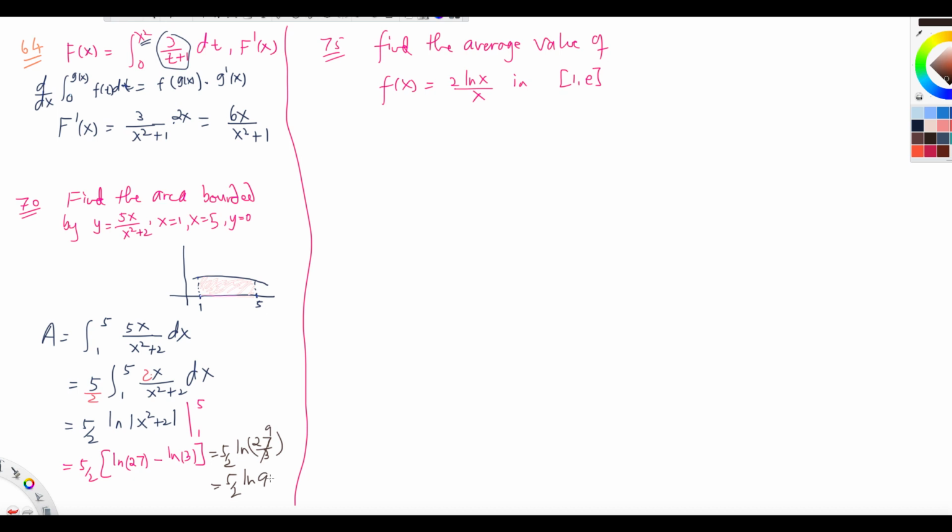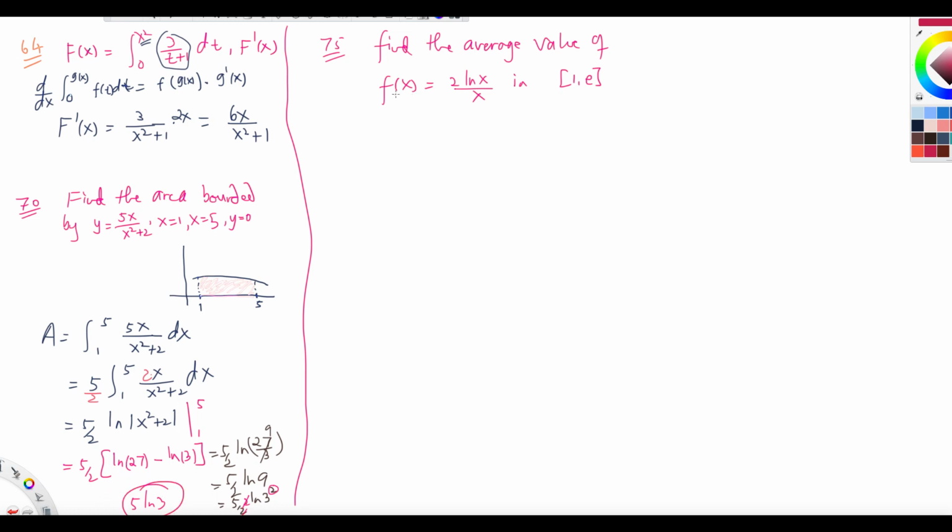Or if you want, you can do it like this: 5 over 2 times natural log of 3 squared. That square comes to the front, and you cancel the 2. So 5 natural log of 3. That is the final answer. You can write the final answer that way too.